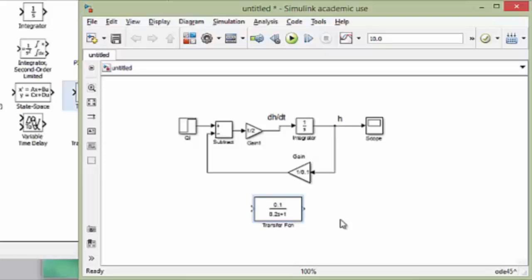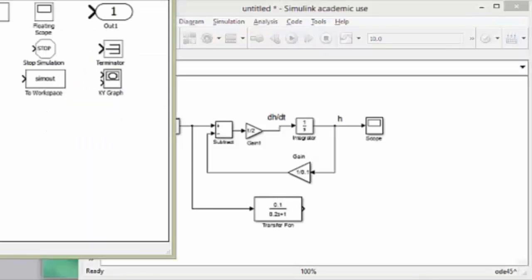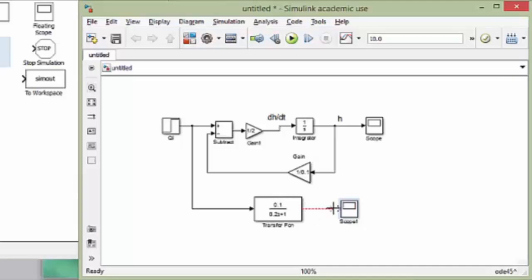What we have above is an ODE model built with the help of basic Simulink blocks. Now for this transfer function model, we will give the same input which we used for ODE equation, and then we will add a scope to observe the response.